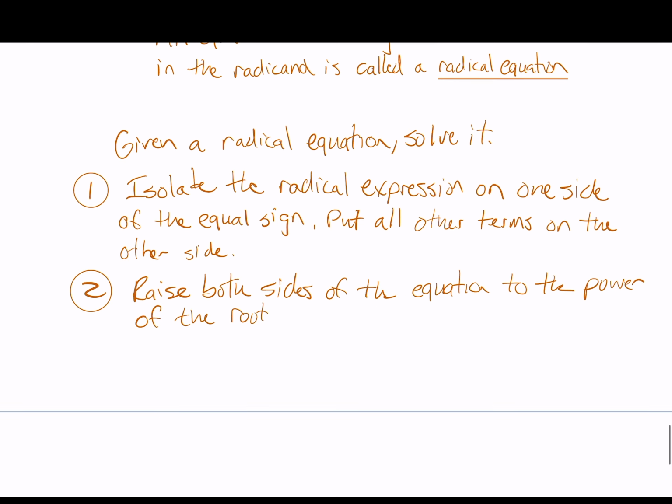The third step is to solve the remaining equation.